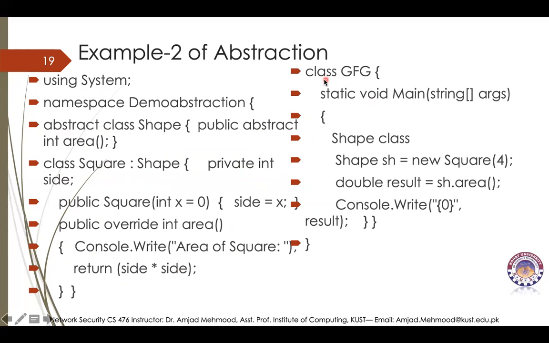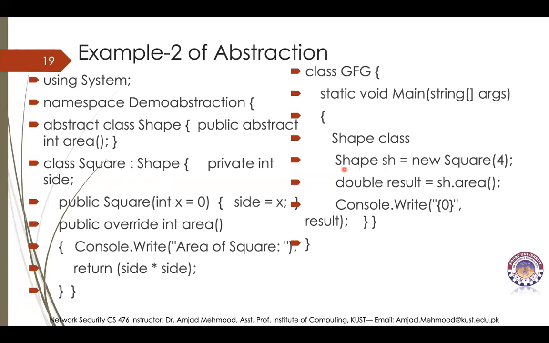And this is class GFG. This is the main class method. At least one class must have a main method, as you know. Now we are creating the object of this Shape class. But as you know, you can take the type of the class, but you cannot make an object.